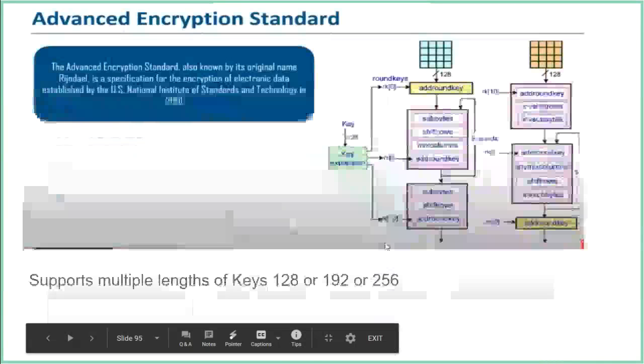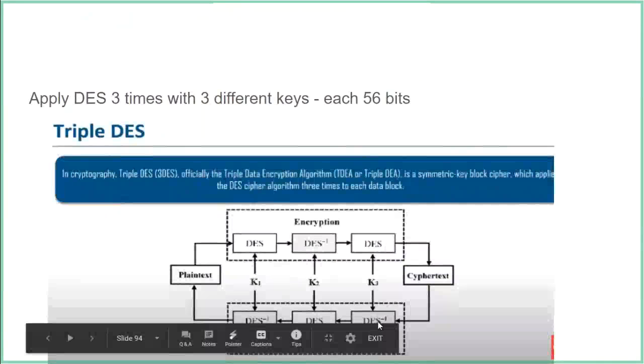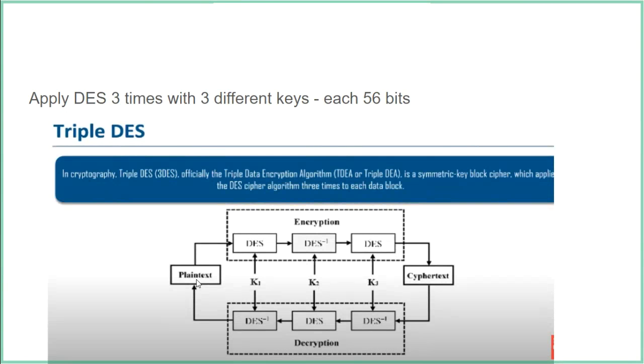But the receiver, whoever it is, has to apply those keys again to get the plain text. Got it? Triple DES applied 3 times. You got some ciphertext, again applied ciphertext, again applied ciphertext. So 3 times you have done it. Is it okay?